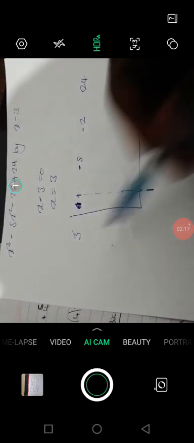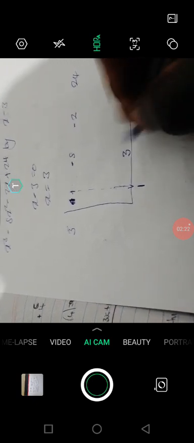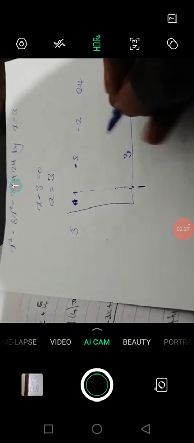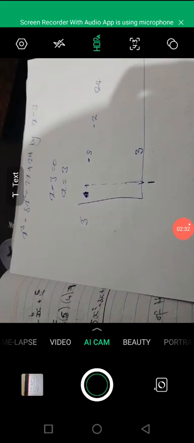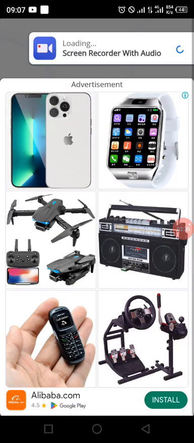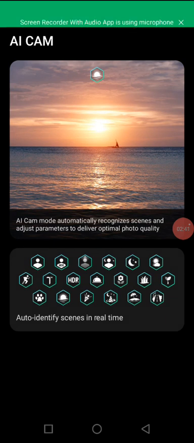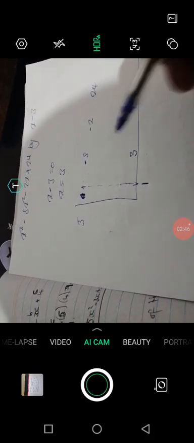Then we will multiply. What is 3 times 1? It is 3. We put it here. Then we add, always, not subtract. Negative 5 plus 3, that's negative 2.